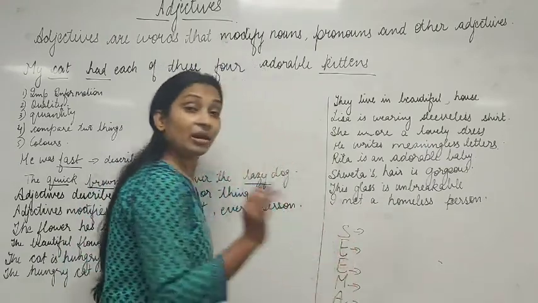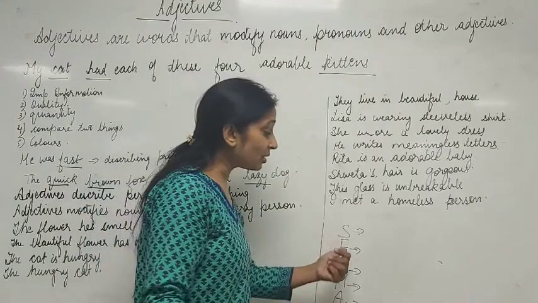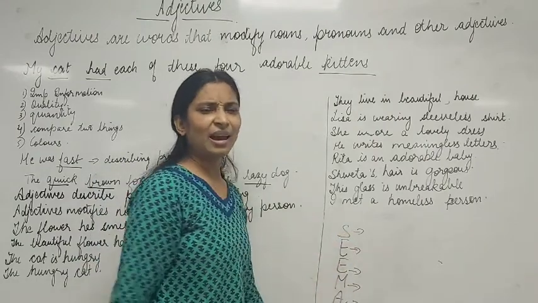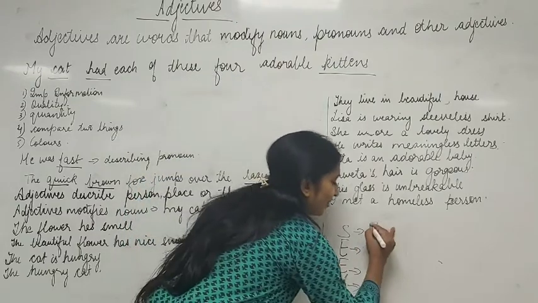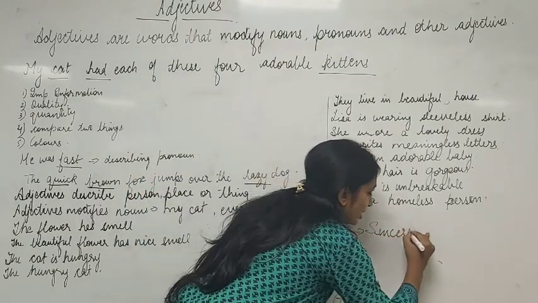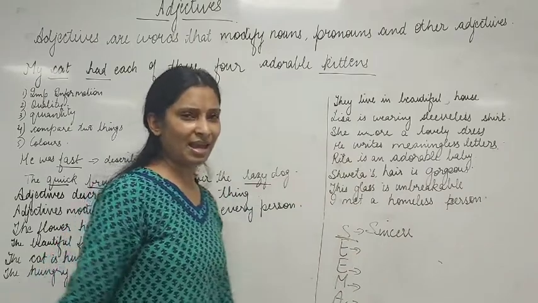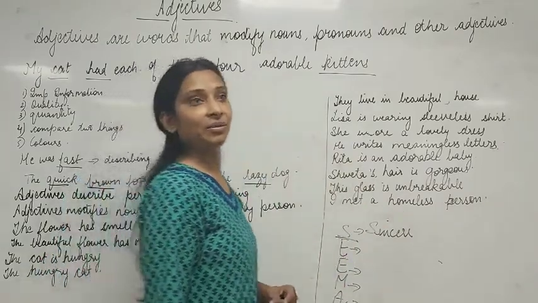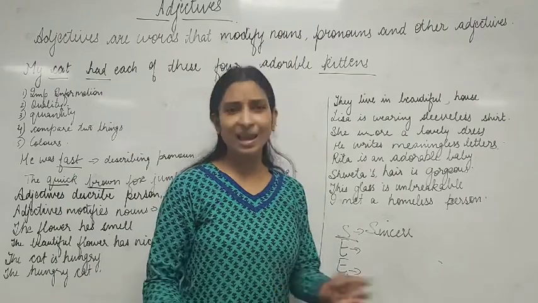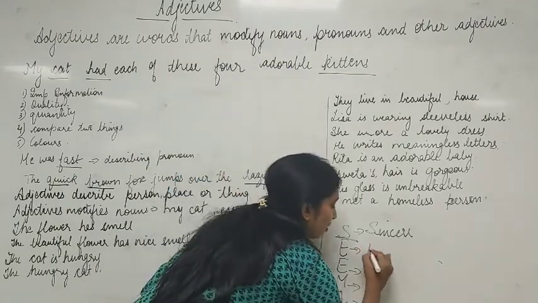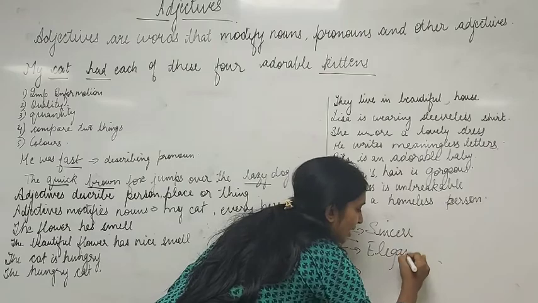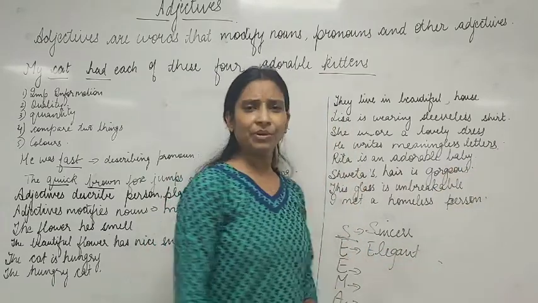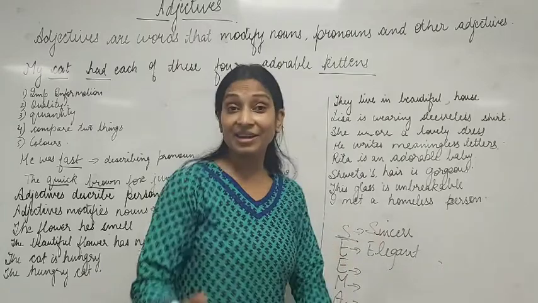So here, if I want to write something beginning with letter S that will describe me, can it be sincere? So what am I writing here? Sincere. Beginning from S, and I believe it describes me, right? E. E can be elegant. Clear? So the second I am writing is elegant. Now third, again E. Energetic.